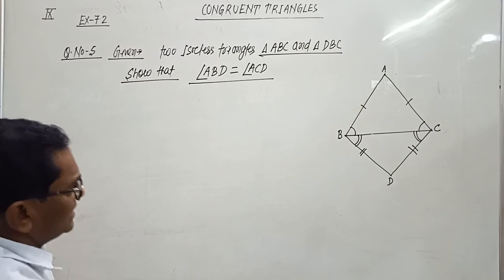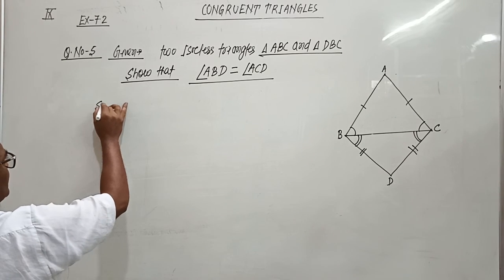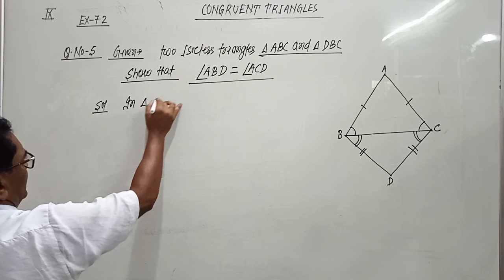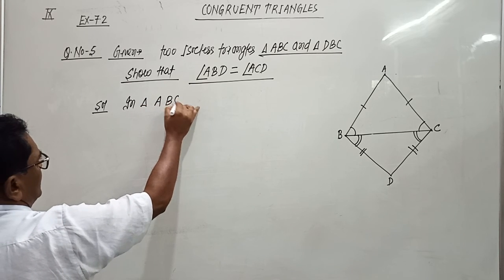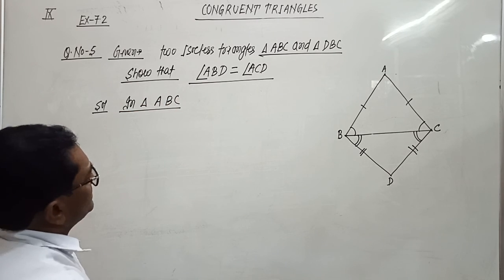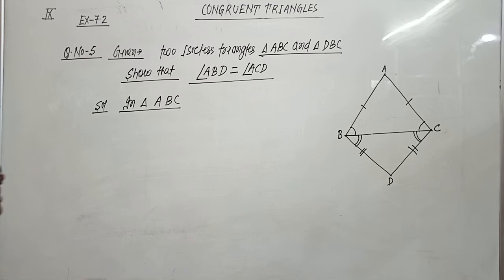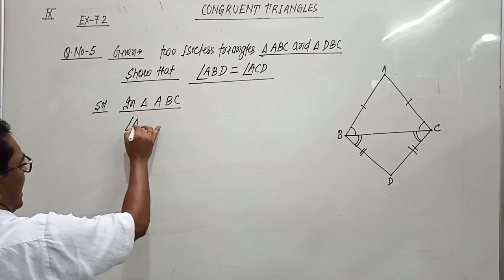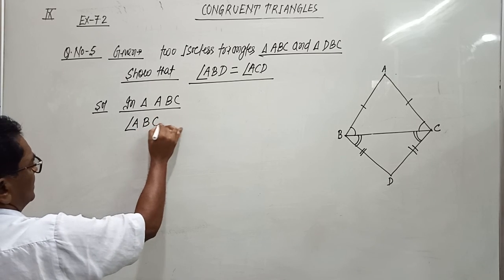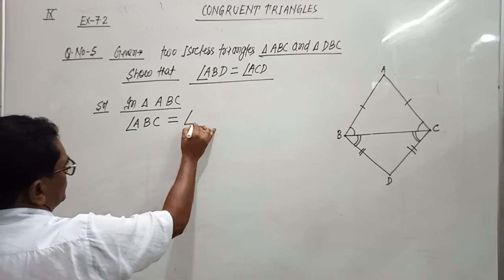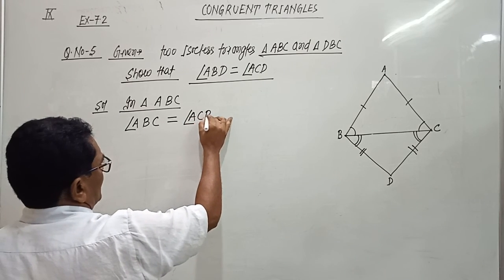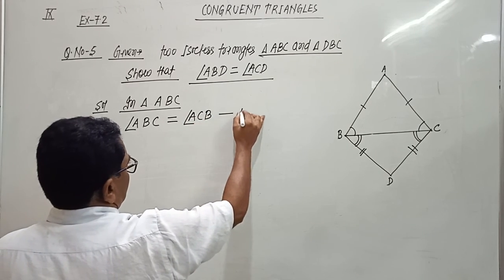So in triangle ABC, we are given that it is isosceles. It means angle ABC equals angle ACB. This is the first equation.